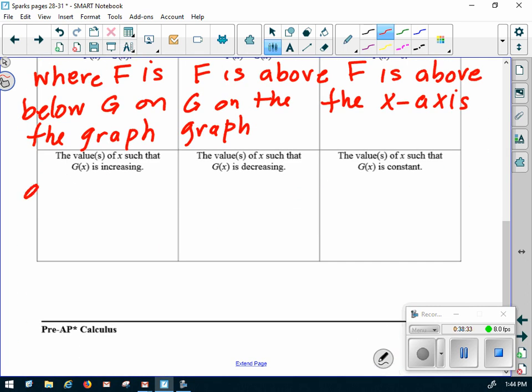So as x moves this way, what does y do? Y moves this way. No. Because the definition of an increasing function is as x is increasing, y is increasing. So I want you to go at it that way.